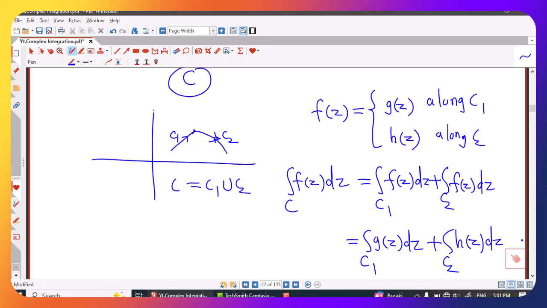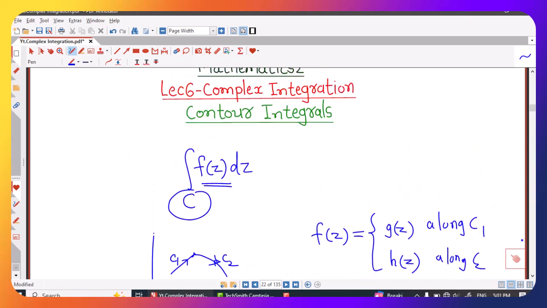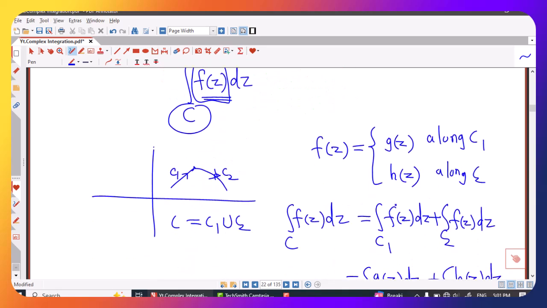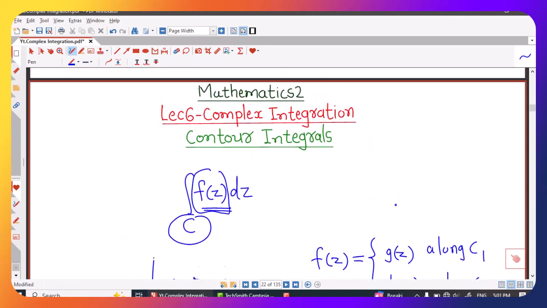So whenever we have this type of situation, that the given function is different in different parts of the contour C, then we will go in this way. You can have the same contour also. For example, suppose we have the contour which is the right half of the circle.